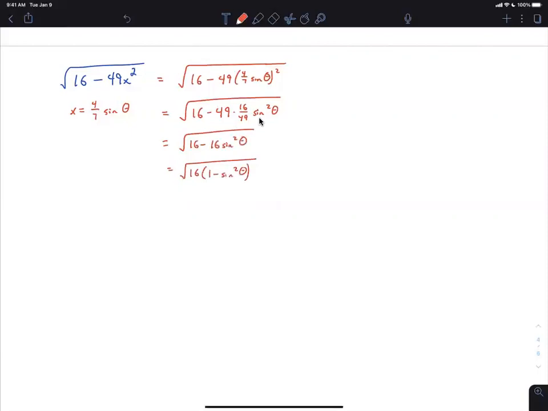Does that make sense? Now, what's 1 minus sine squared the same as, in terms of another trig function? Cosine squared. Yeah, so I can rewrite this as the square root of 16 cosine squared theta. And now somehow subtraction has become multiplication. So everybody see that?